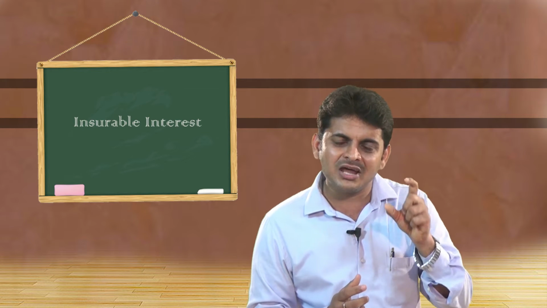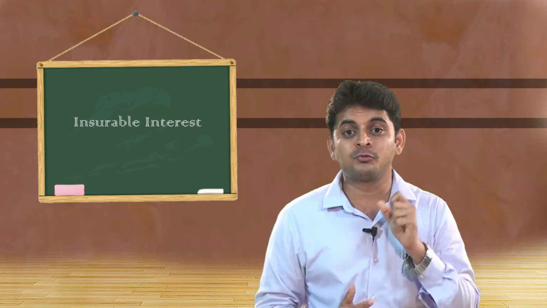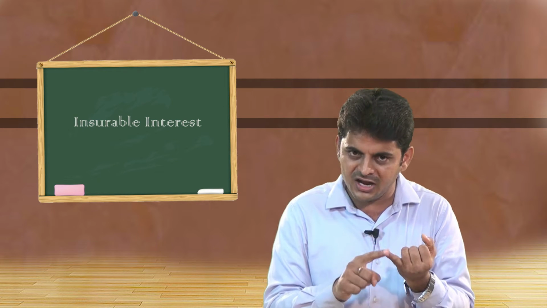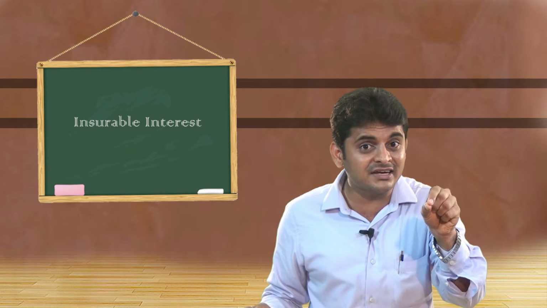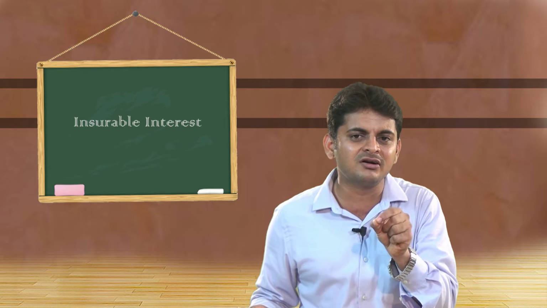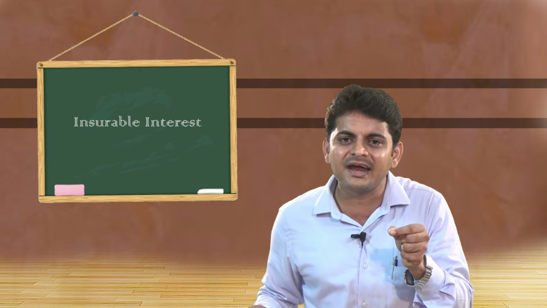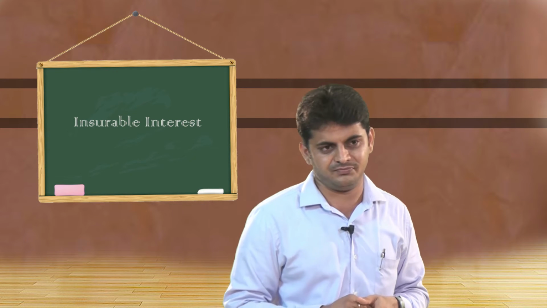So, in order to establish insurable interest, there must be legal evidence which proves the relationship of the individual in terms of financial, in terms of blood relationship. And whatever the relationship, that must be recognized under the law. If the relationship is recognized and considered valid, which can be used for the contract, then it is considered as insurable interest.